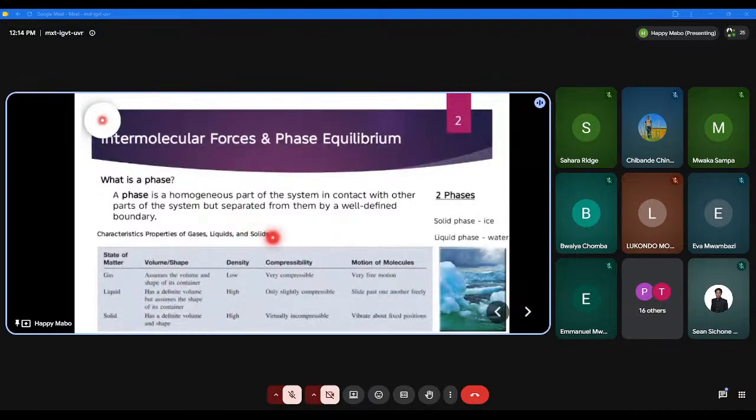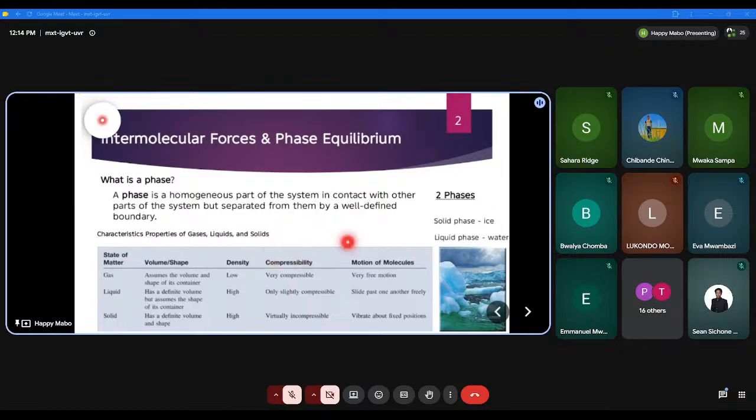So you are probably wondering, but we already know these things. Why are we looking at them? Well, there will come a time when I will remind you, you remember the properties that we had looked at, which we had tried to review about gases, liquids, and solids.